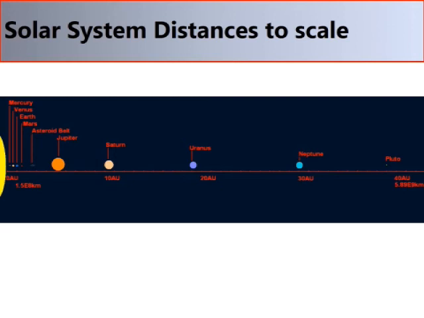In fact, the distances are more like this. Here's an actual scale picture of the solar system. So there's the Sun over on the left, and see how close the inner planets, Mercury, Venus, Earth and Mars, are to the Sun compared to the outer planets.